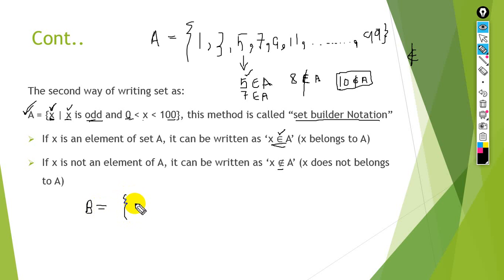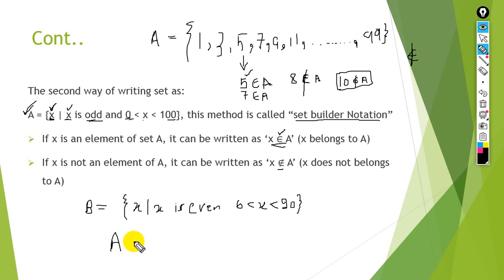So how will we write it: x such that x is even, and x is greater than, for example, 6 and less than or equal to 20.